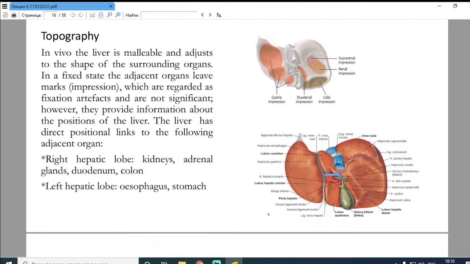And the esophagus and stomach in the left hepatic lobe. This is the facies visceralis of the liver.